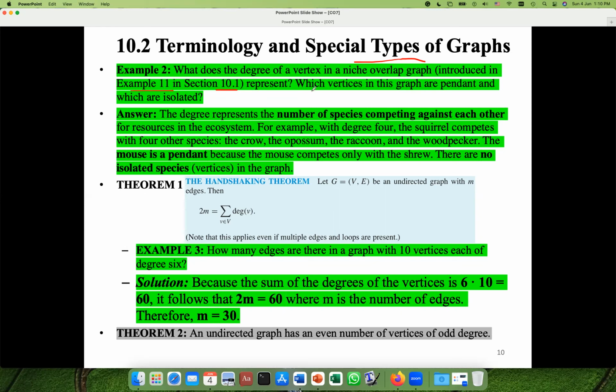The other part of the question is which vertices in this graph are pendant. Is there any pendant or isolated vertex there? If there are, you just have to give the name of that vertex.